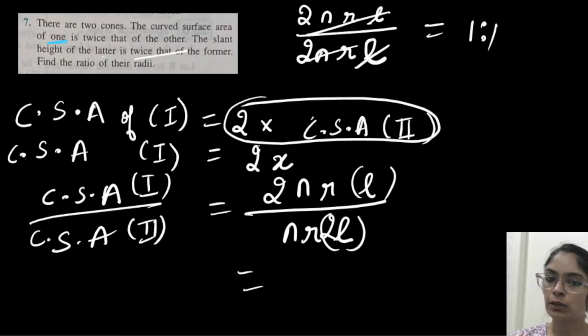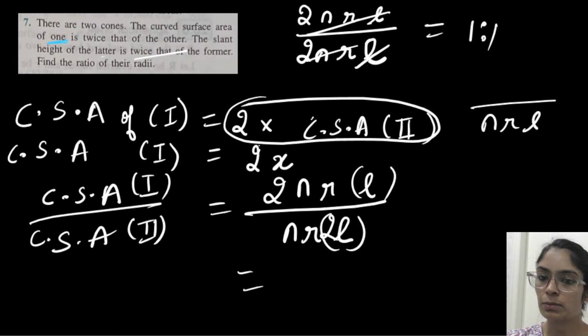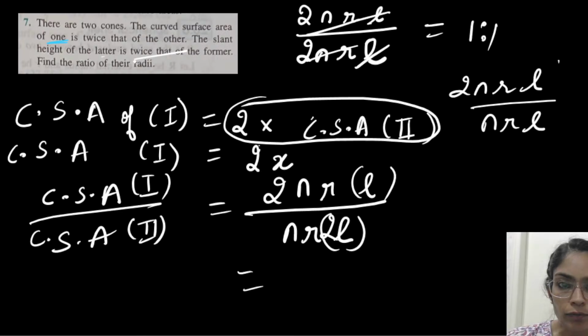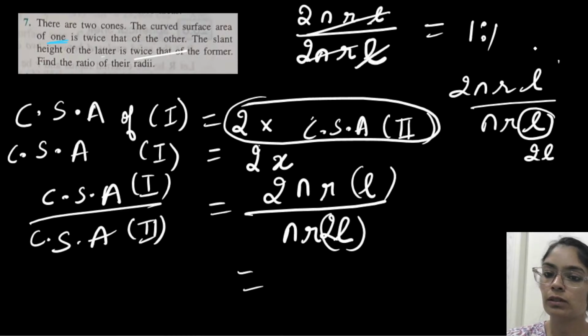Because if you just substitute the values, the overall curved surface area of the first one is 2 times the second one. So if the second one's area is pi RL, it should be 2 pi RL. But here they have mentioned the slant height of the latter is twice that of the former. So the second one's slant height is 2 times the first one. That means 2L should come here, L should come here.